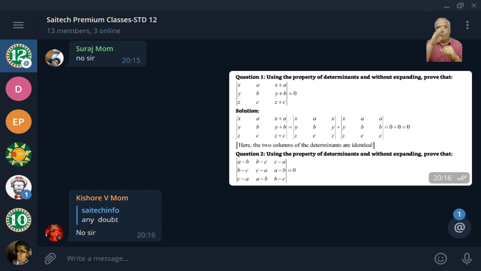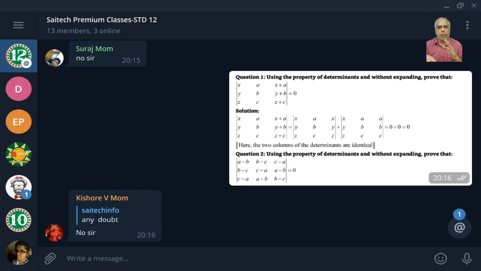So I am attacking only the third column. So x plus a I am writing as x and a, likewise splitting so that you are able to get two determinants. Do you understand? So x plus a is dissociated into x and a.